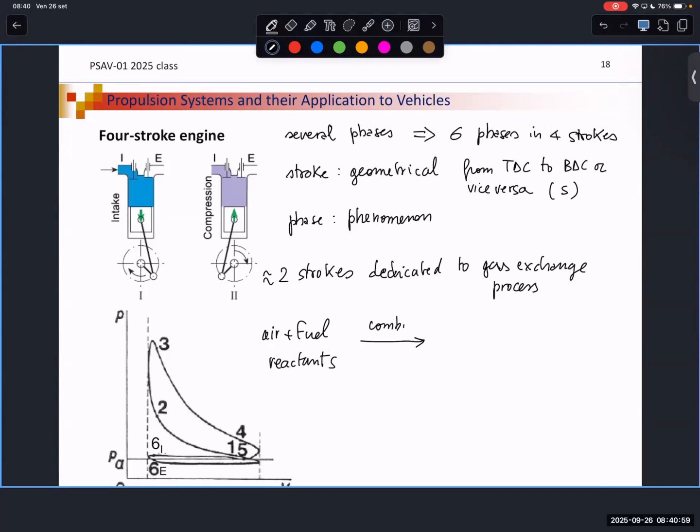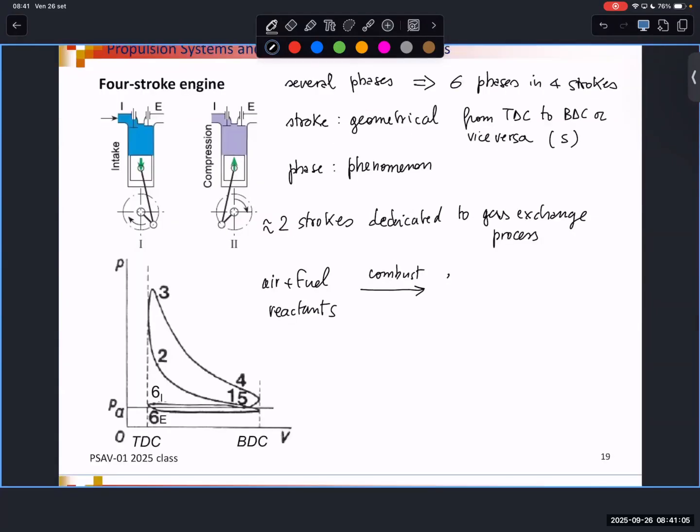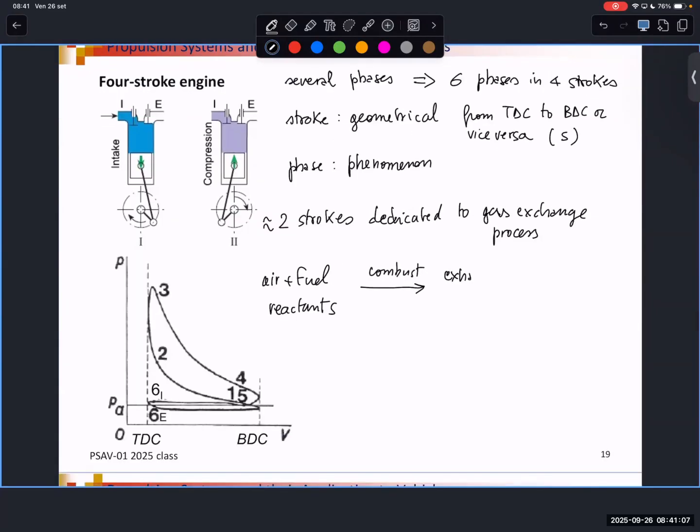We have combustion, and we get what we can call exhaust gases, or anyway, these are the products. Reactants and products is a more generic chemical description. So what we have is a change in chemical composition.